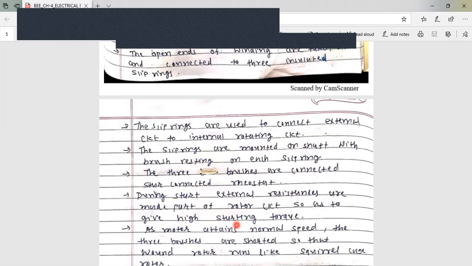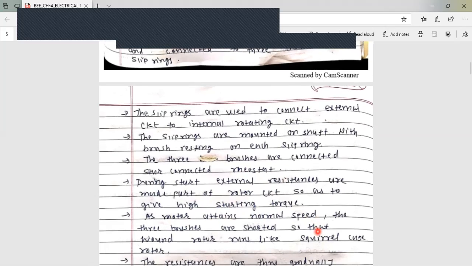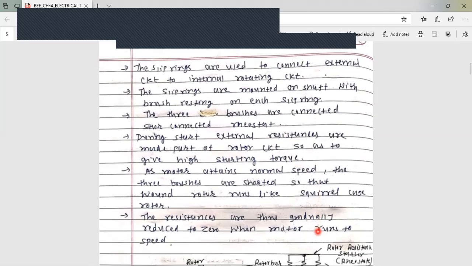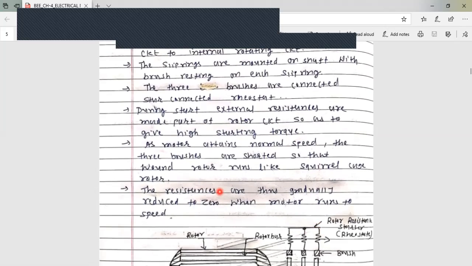In squirrel cage type, there is low starting torque, but due to the external resistances and external circuit, the slip ring type has higher starting torque. As the motor attains normal speed, the three brushes are shorted so that the wound rotor runs like a squirrel cage type rotor.